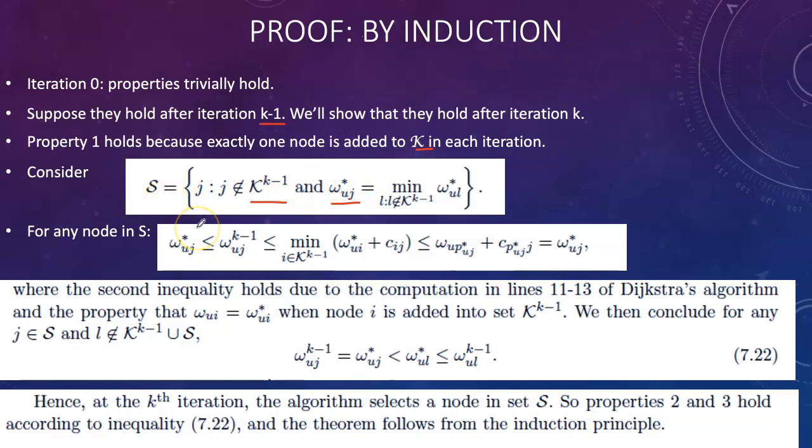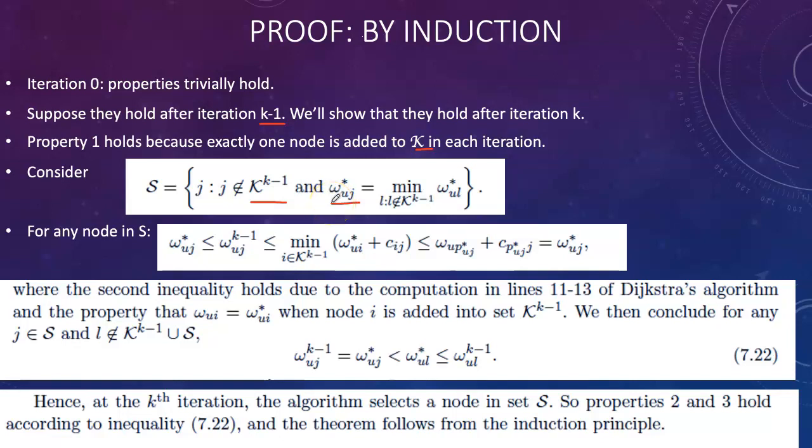Now, we observe the following for these nodes j in S. For every node j in S, the previous hop node to j on a minimum cost path must be a node in kappa k minus 1.